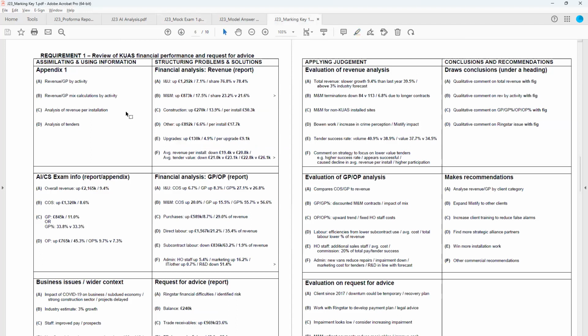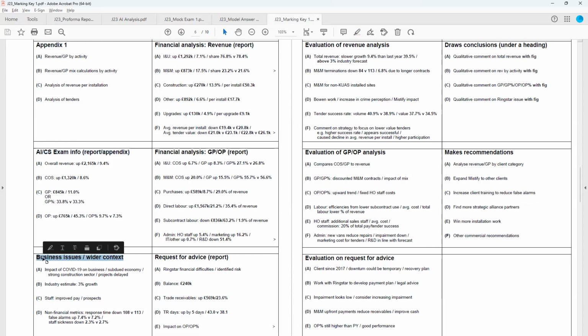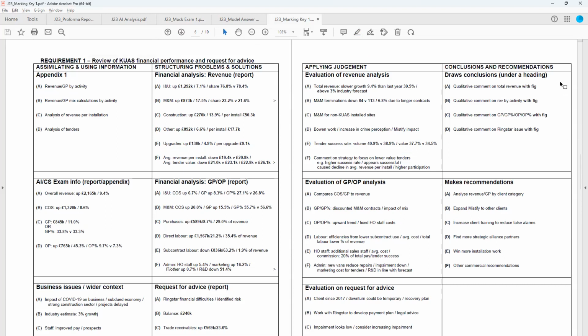Because of course we know that the boxes in the left column will be the same in every exam. So these are pretty much fixed. Appendix 1. And then again, some calculation of the numbers, and then the context points. And of course, the columns on the right are fixed, because that would be conclusions and recommendations. So it's really these middle 6 which are up for grabs.